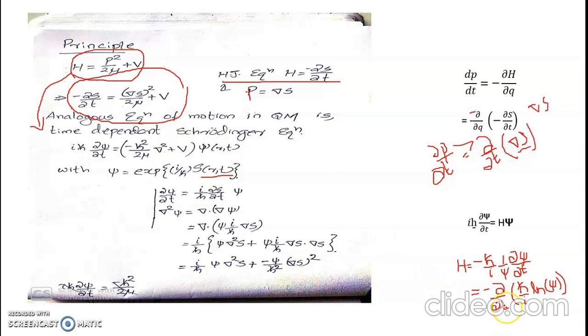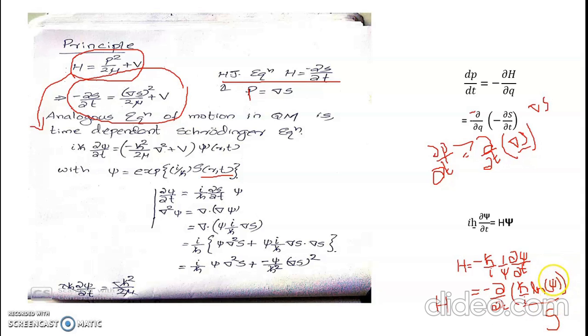Now this is identical with the Hamilton-Jacobi equation that we have already written here, H equal to minus ∂S/∂t. This is also exactly of the form H equal to minus ∂/∂t of this quantity in the bracket, which should then be nothing other than the quantum mechanical action.